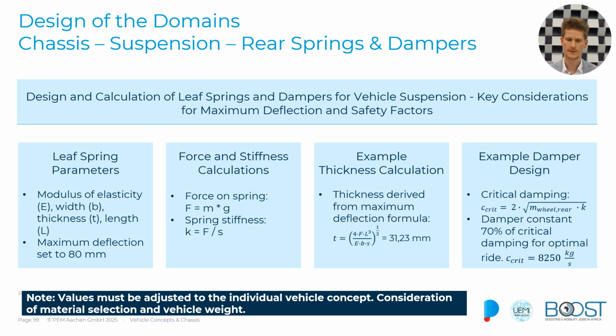So we are now talking of leaf springs. At the front we usually have coil springs, so there's a slight difference in the way we calculate it. We need the modulus of elasticity, the thickness and the width and the length of the leaves we're going to use, and again we say we want to have a maximum deflection here of 80 millimeters.